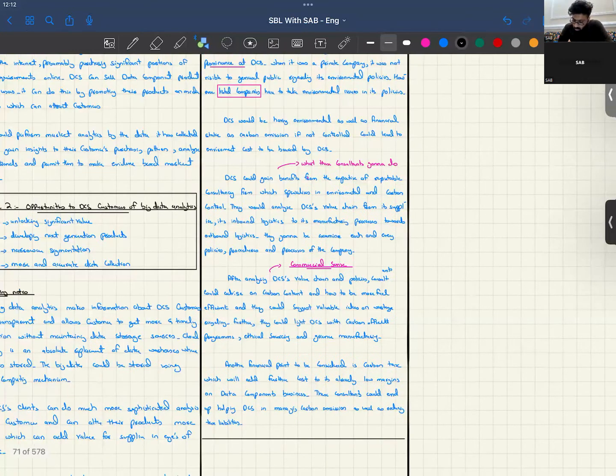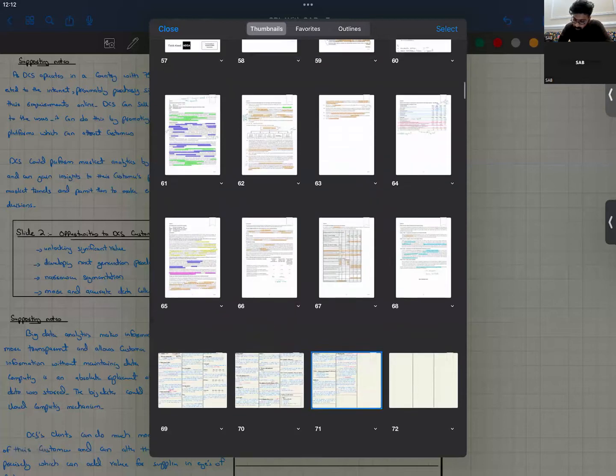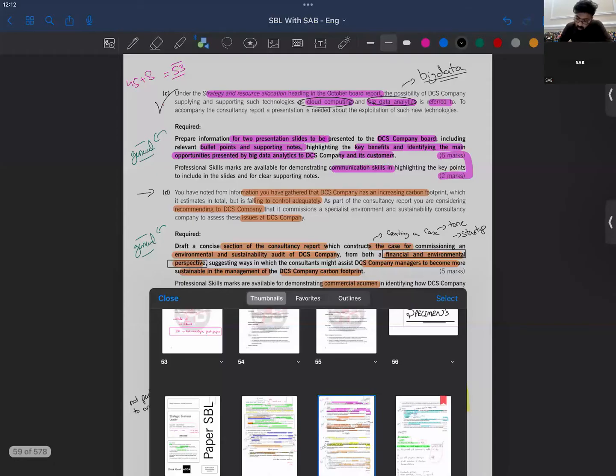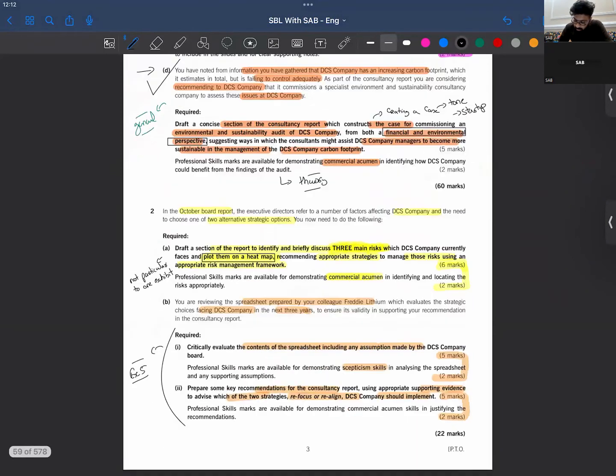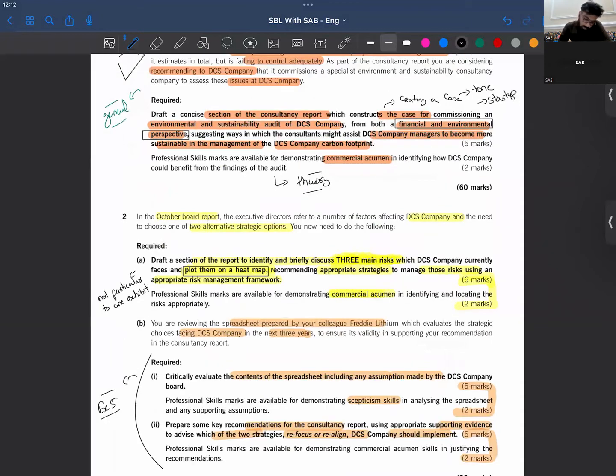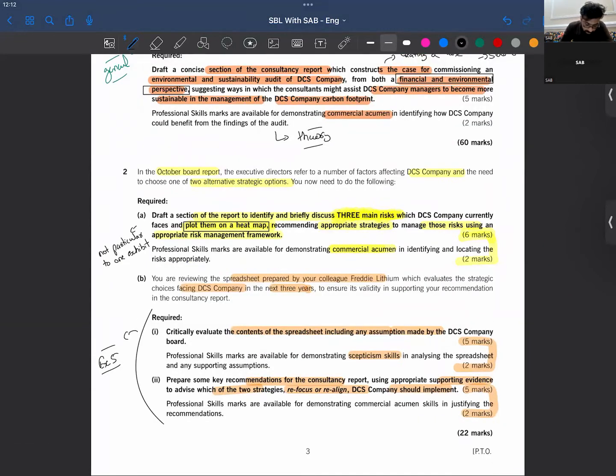Now, what was next after this shorter requirement? The next requirement was the second, again a section of a consultancy report, to identify and discuss three main risks, plot them on the heat map, and recommend strategies to manage those risks with an appropriate risk management framework.